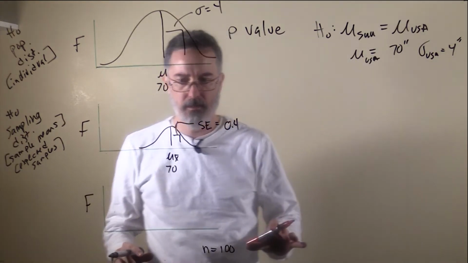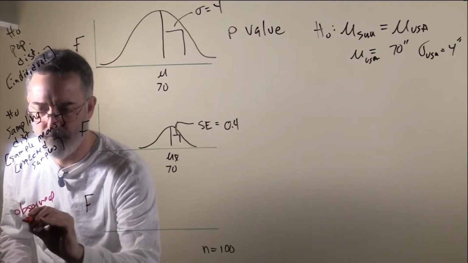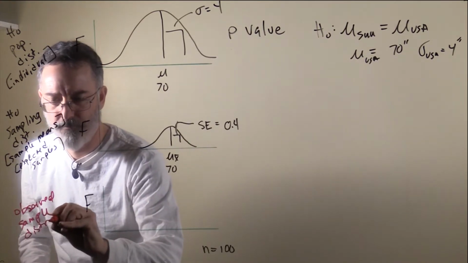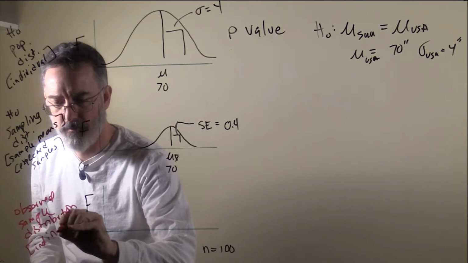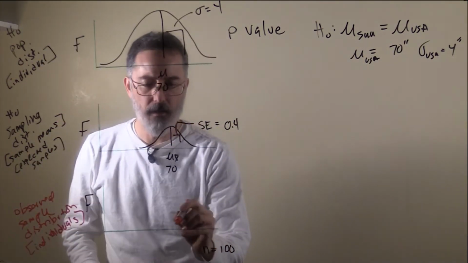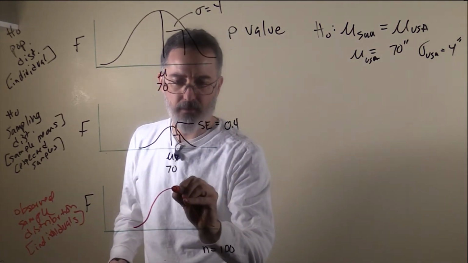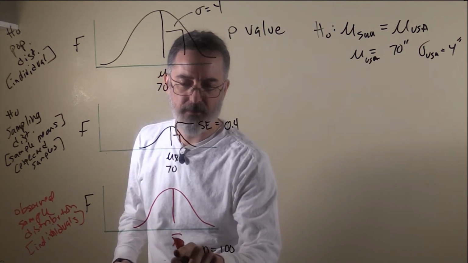So for our observed sample distribution, all right, this is individuals. I'm just going to draw this as a normal distribution to keep things simple, and because we're going to include different values for the sample mean.